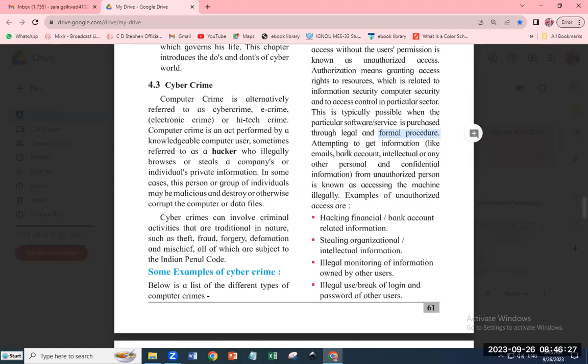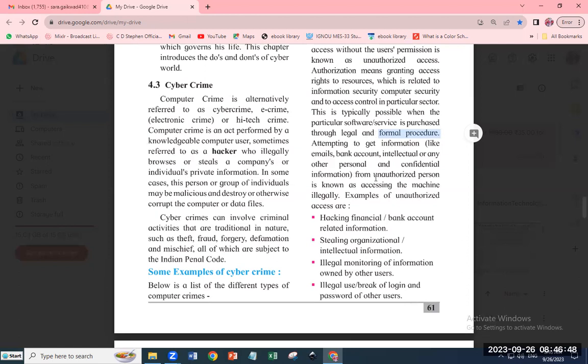Attempting to get information like emails, bank accounts, intellectual or any other personal confidential information from an unauthorized person also shouldn't be tolerated, right? I shouldn't go for other people's accounts or information. No, I shouldn't be going for that.